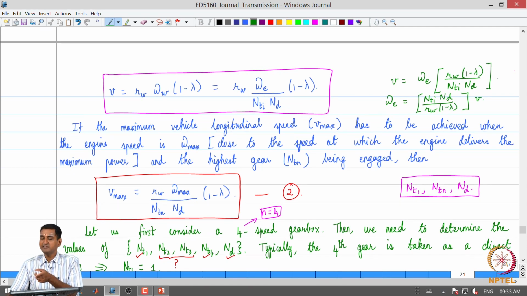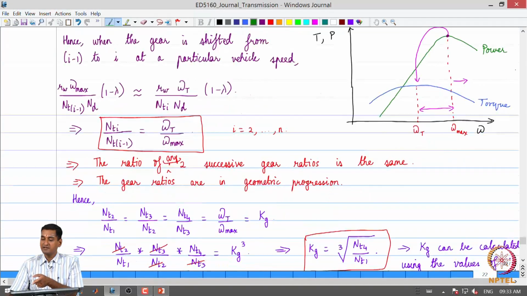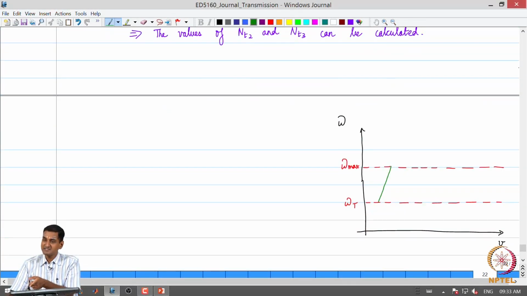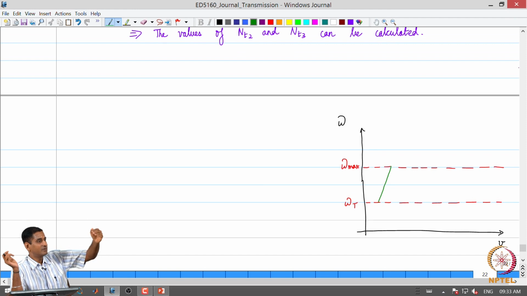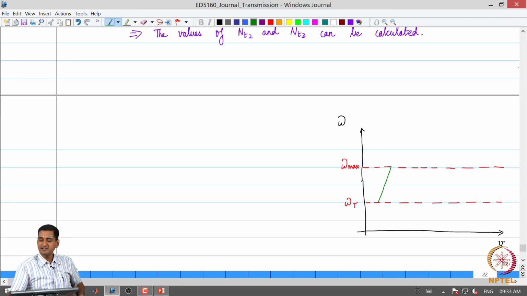So, we can immediately observe that the slope of the straight line in this graph is proportional to the gear ratio which is selected, and obviously as we have discussed, the first gear ratio is the highest. The value of the gear ratio decreases as we go from lowest to highest gear. Since the first gear ratio is the highest, we see that the slope is high here.